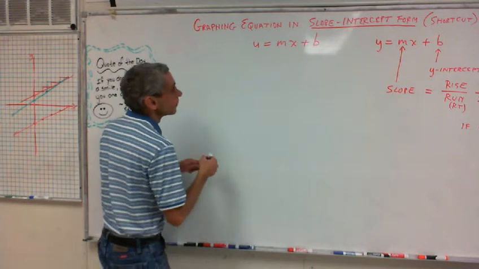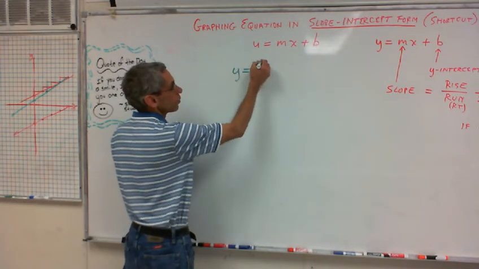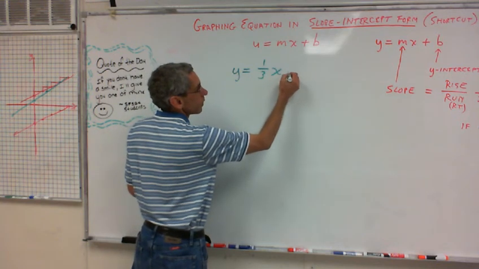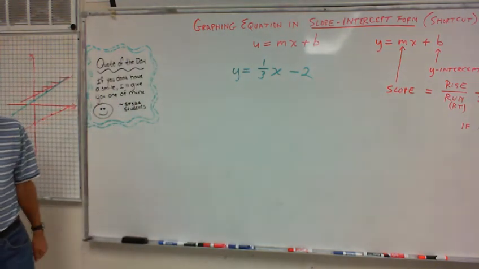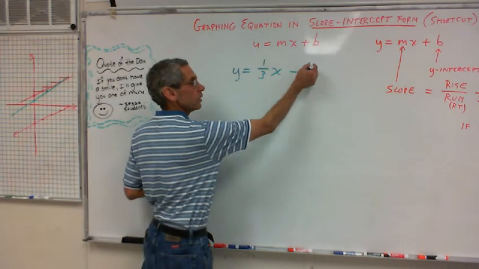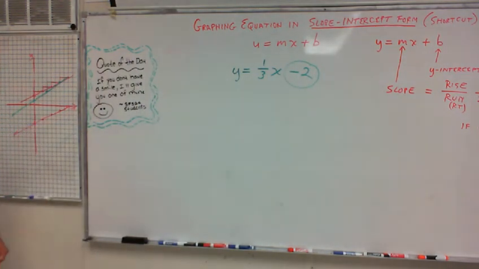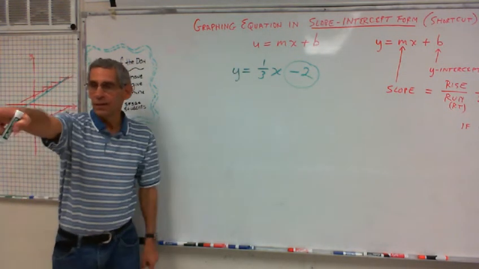You ready? We've got y is equal to 1/3 x minus 2. So the first thing you do is go down and you plot that on the y-axis. Negative 2. And then you rise 1.